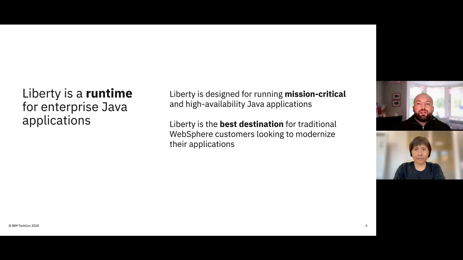Liberty is a great destination for all runtimes, but it's particularly a good destination if you're an existing WebSphere traditional customer. The migration paths and the tooling to support that journey just make it a bit of a no-brainer if you're going from an existing traditional runtime to Liberty to modernize.